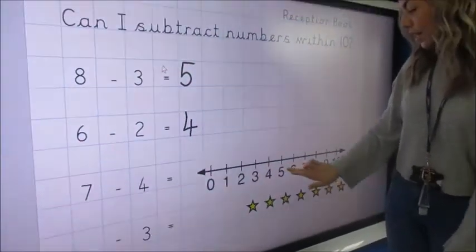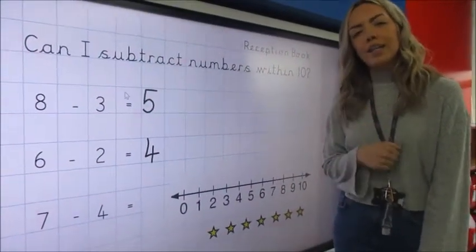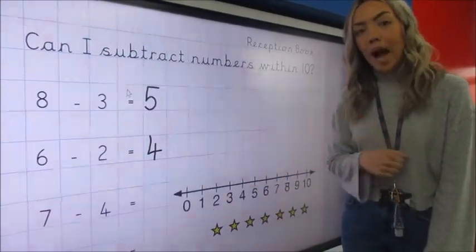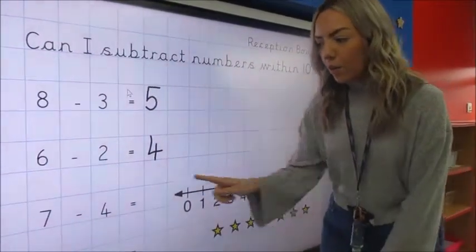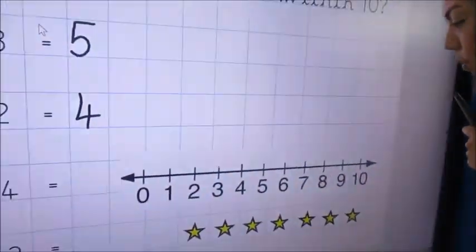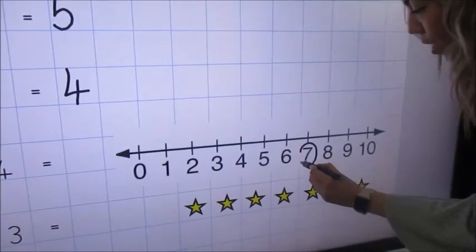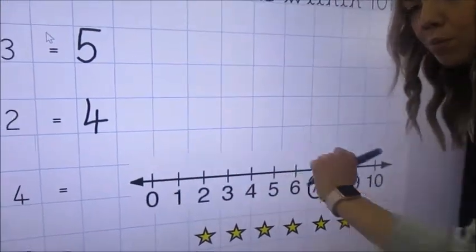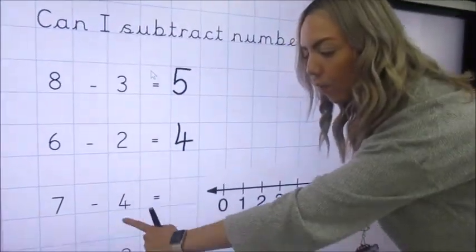Now, what do I need to start with? What number do I need to find first on my number line? You're right. Always the biggest number, always the number 7. Okay, so I'm going to find it on my number line. It's here. Now I'm going to put a circle round it so I remember where I begin. Now let's go back to our number sentence and have a look how many we've got to take away. 4.